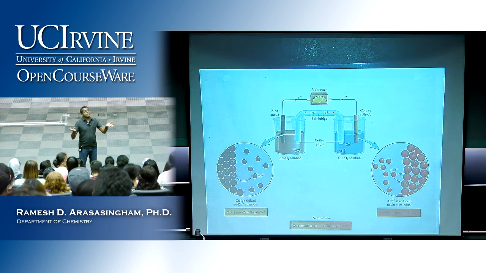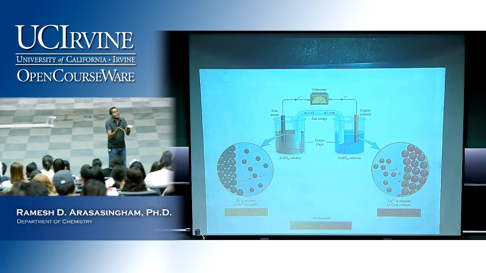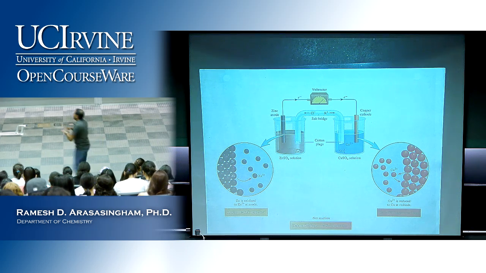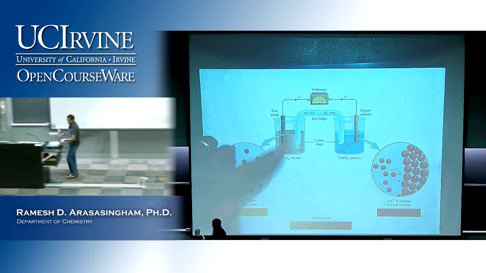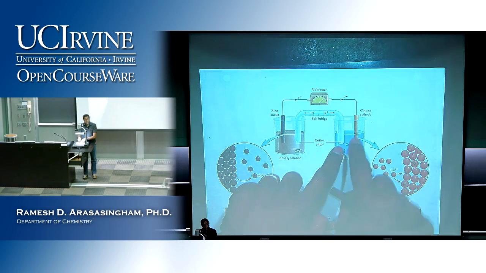The sulfate is a spectator ion, okay? But you need sulfates because everything in nature has to be electrically neutral. So a cation always has to have an anion that balances the charge. Do you see that? So to begin with, before any reaction takes place, you have the same number of zinc ions and the same number of sulfate ions in here, and you have the same number in this solution.